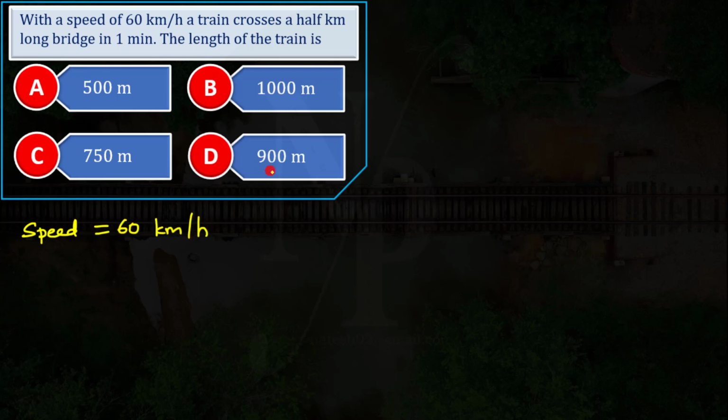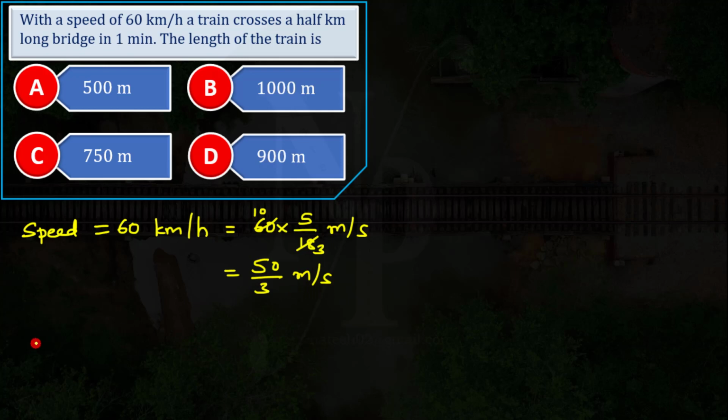Since the lengths are in meters, I wish to express the speed in terms of meter per second. So which will be 60 into 5 by 18 meter per second, dividing both 60 and 18 by 6. 10 into 5 is 50. 50 divided by 3 meter per second is the speed of the train in meter per second.